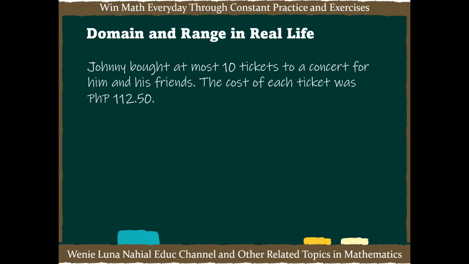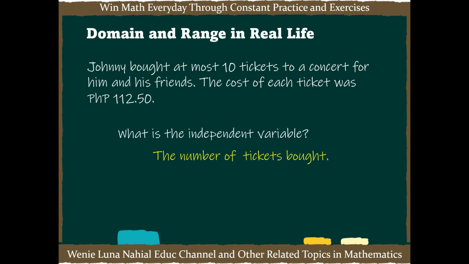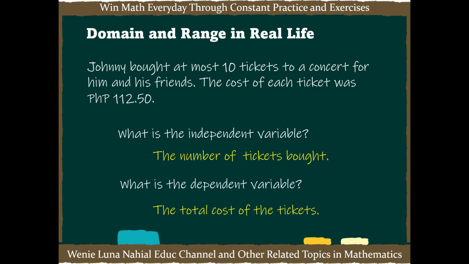Another illustration: Johnny bought at most 10 tickets to a concert for him and his friends. The cost of each ticket was 112 pesos and 50 cents. Our independent variable here is the number of tickets bought, while the dependent variable is the total cost of the tickets.